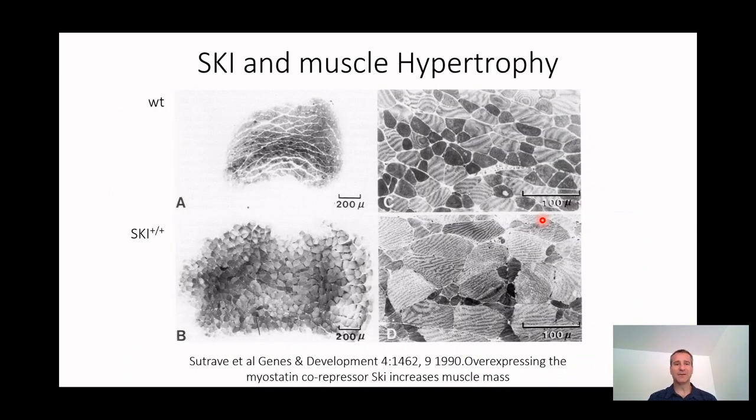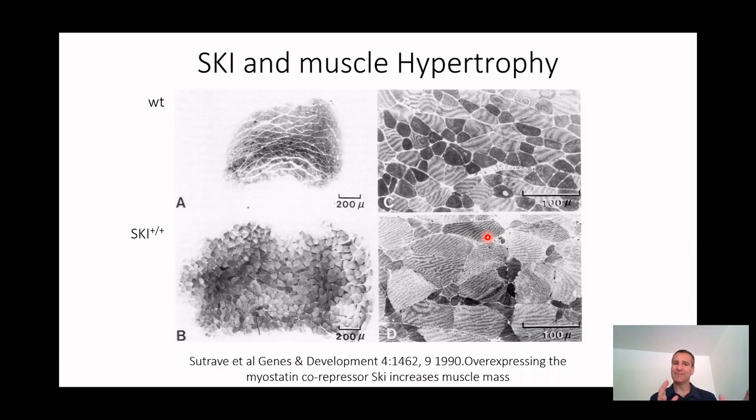Just like myostatin, follistatin, the propeptide, if you put in this transcription factor SCI, now you take your muscle fibers from this and you make them into this. So they're huge. They're about a 3+ fold increase in muscle fiber size.